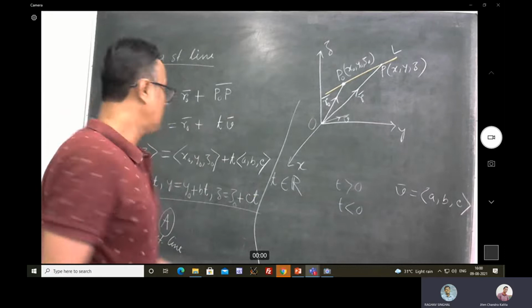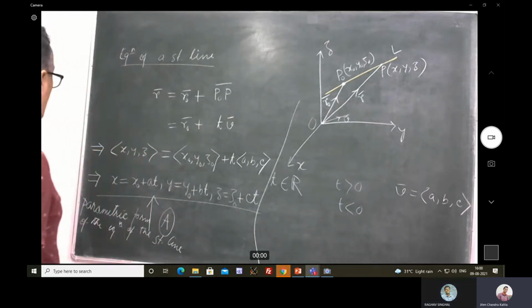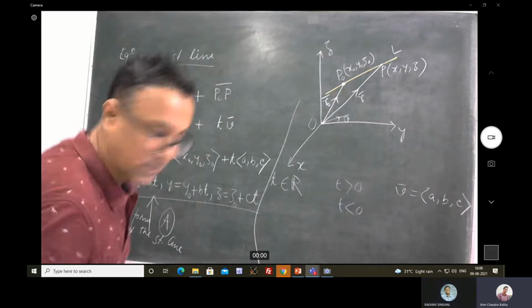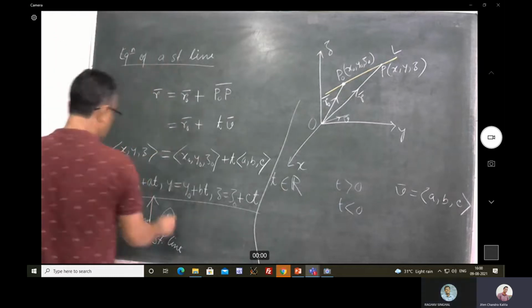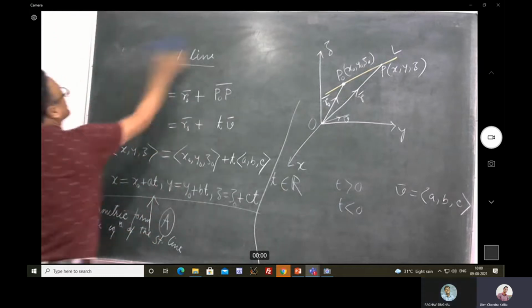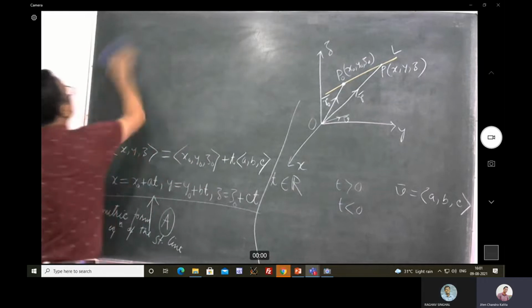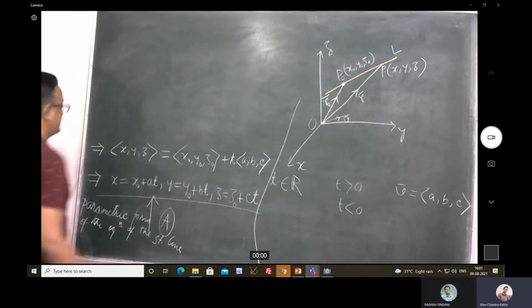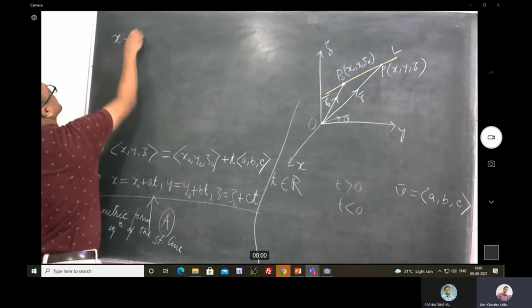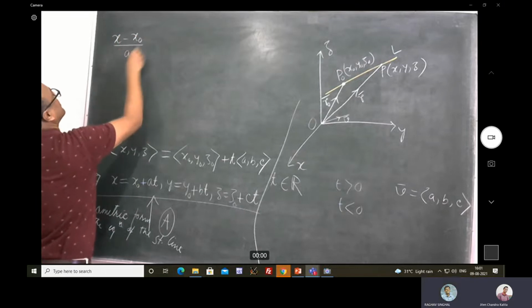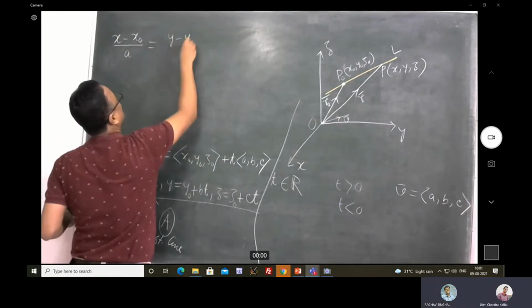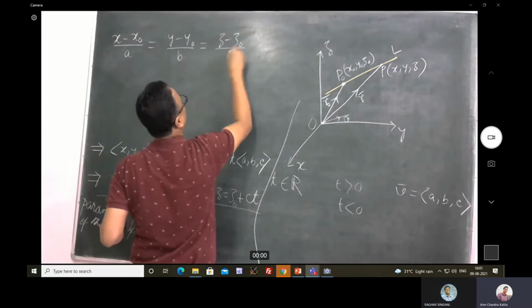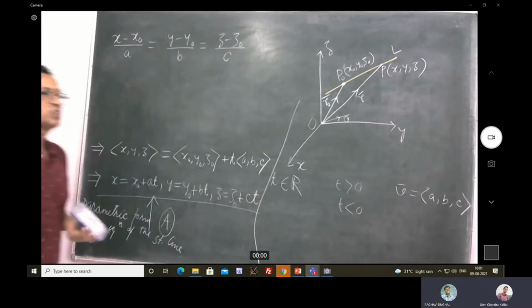Now let us see what we can get from here. If you look at equation A and eliminate t from it, it is going to be of this form.